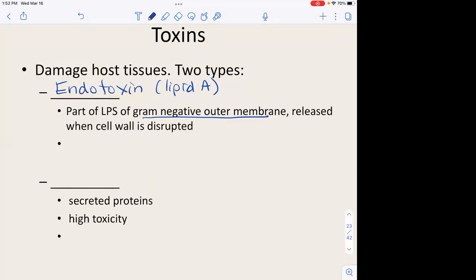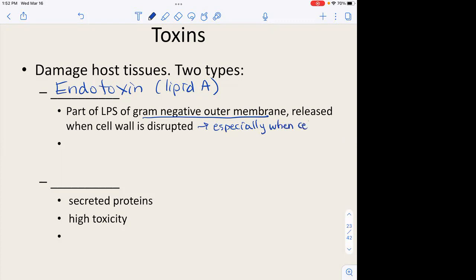Endotoxin is released by the bacterial cell to some extent when the cell is dividing. A little bit can be released, but especially when the cell dies, when the cell wall is disrupted.